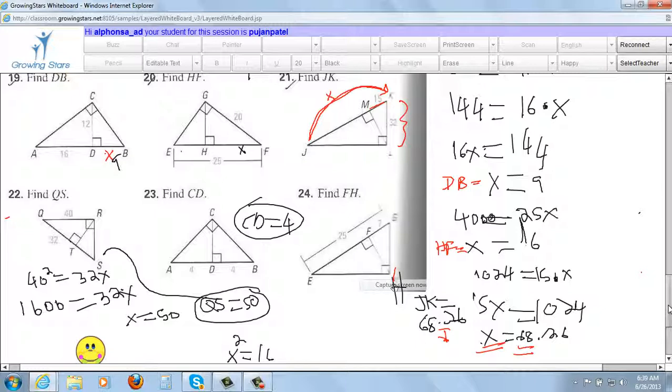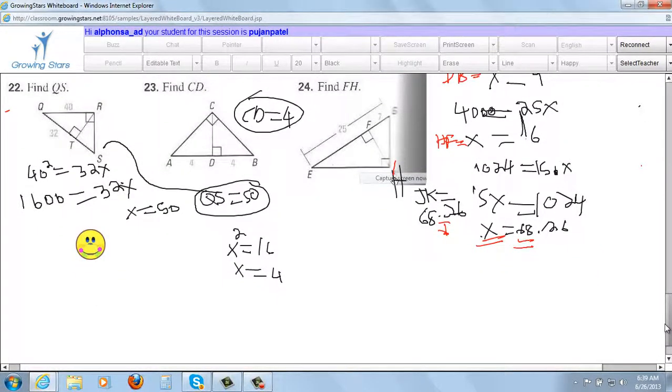Okay, so FH. X squared equals, is it 7 times 18? FH squared is again, yes, 7 times 18. You subtracted, isn't it?